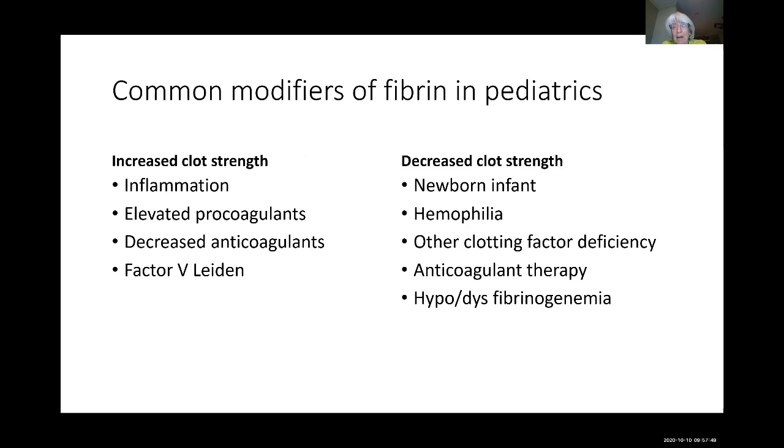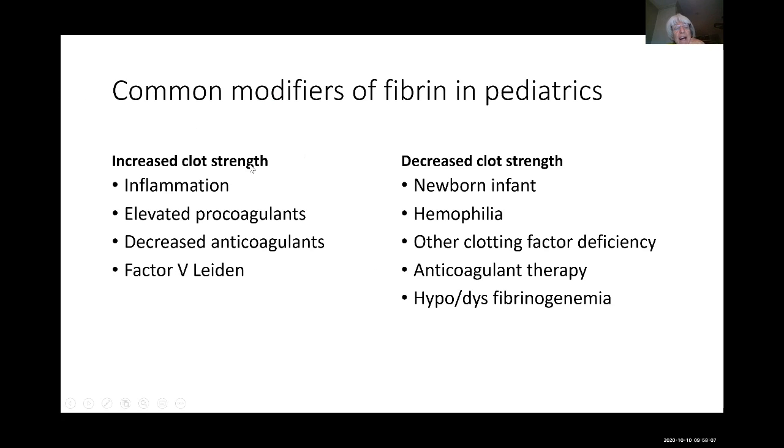So Dr. Acharya talked about some individuals who present later and have very mild symptoms. Well, it's important when you have mild abnormalities in the fibrinogen test to ask what could be an external modifier. So it's not a genetic fibrinogen problem, but an acquired one.